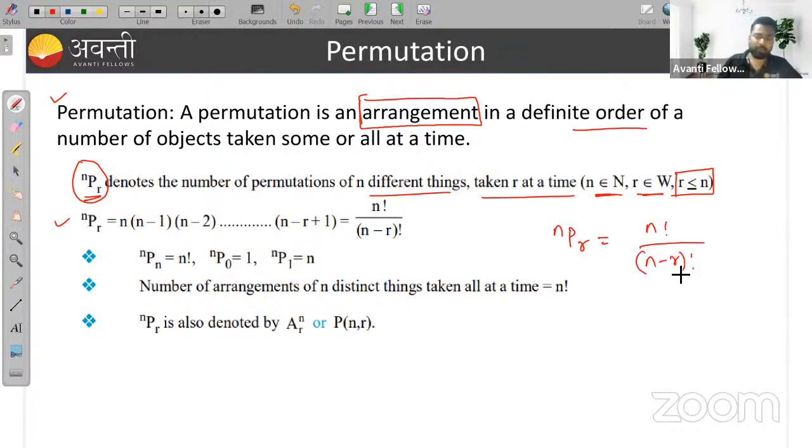We are not going through the derivation of this. So just remember nPr is n factorial upon n minus r factorial, and that means permutation of n different things taken r at a time. We'll understand this concept by taking examples. Don't worry.